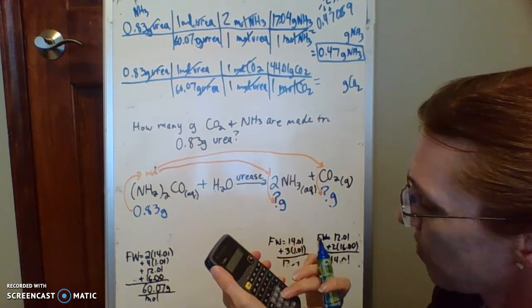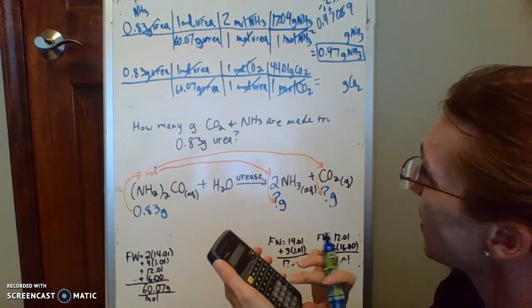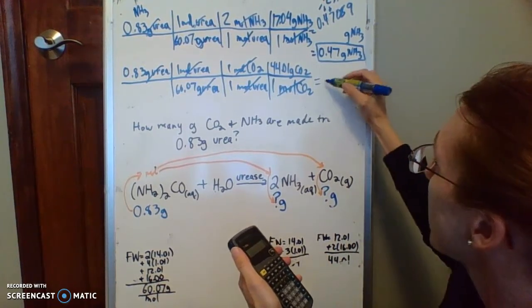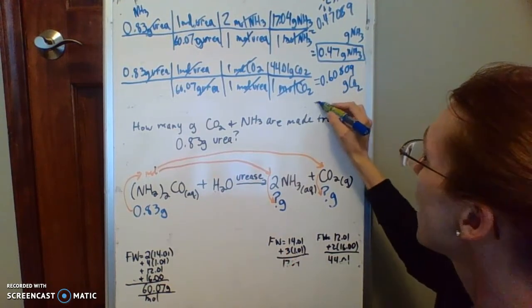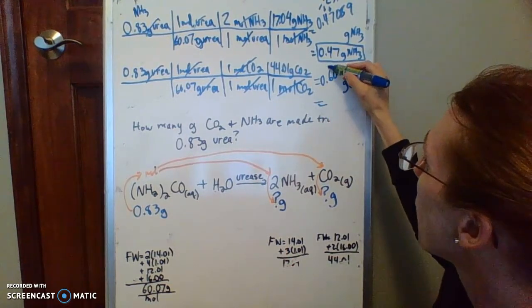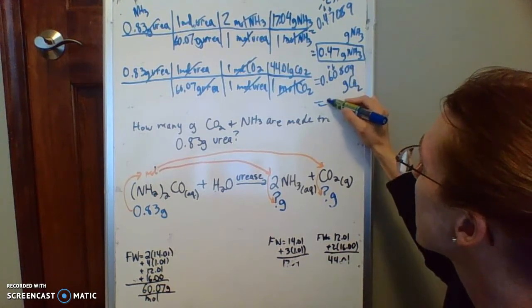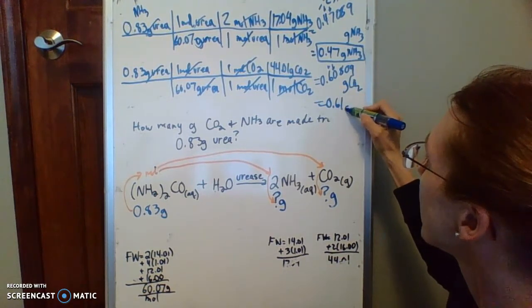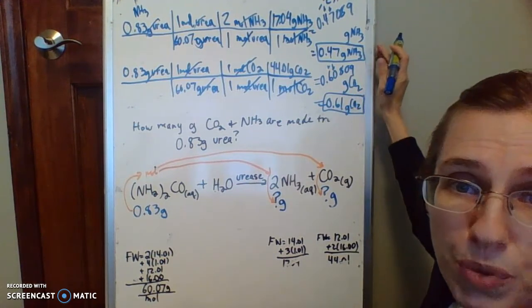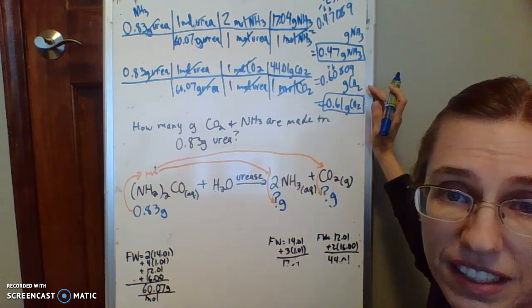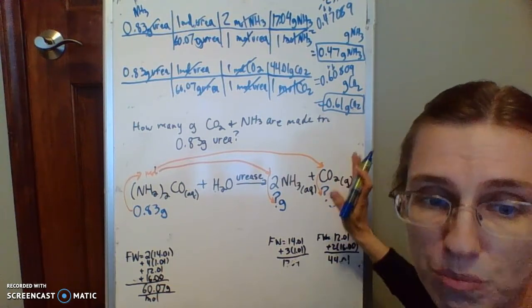And then we divide it by 60.07. And divide by 1 divided by 1. 0.60809. 2 significant figures again. 1, 2. We're going to round up. 0.61 grams of CO2. Now we have both answers completed, and we have finished the problem completely.